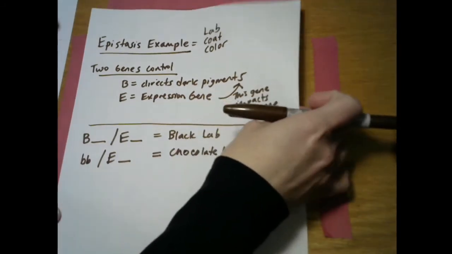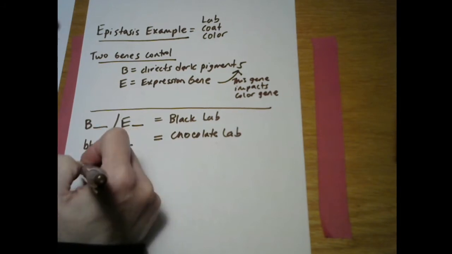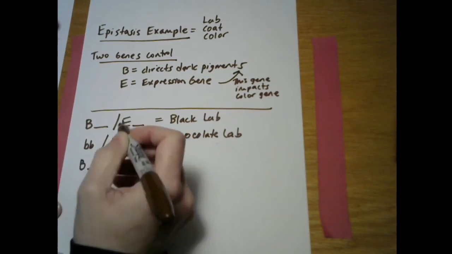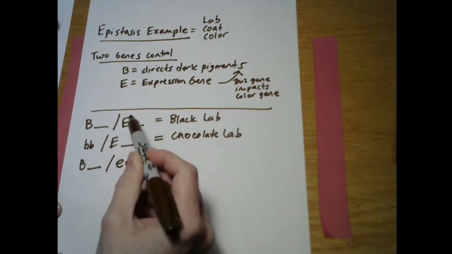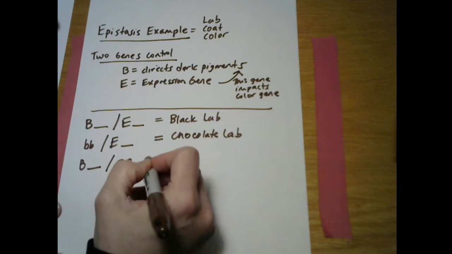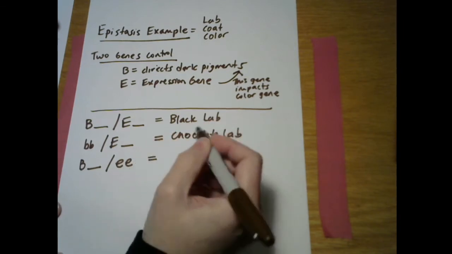Yellow labs are a little bit different. In yellow labs, we have a couple of possibilities. If you have capital B and any other letter, but then you have a lowercase or a recessive form of the expression gene, then this will give us a yellow lab with black skin.